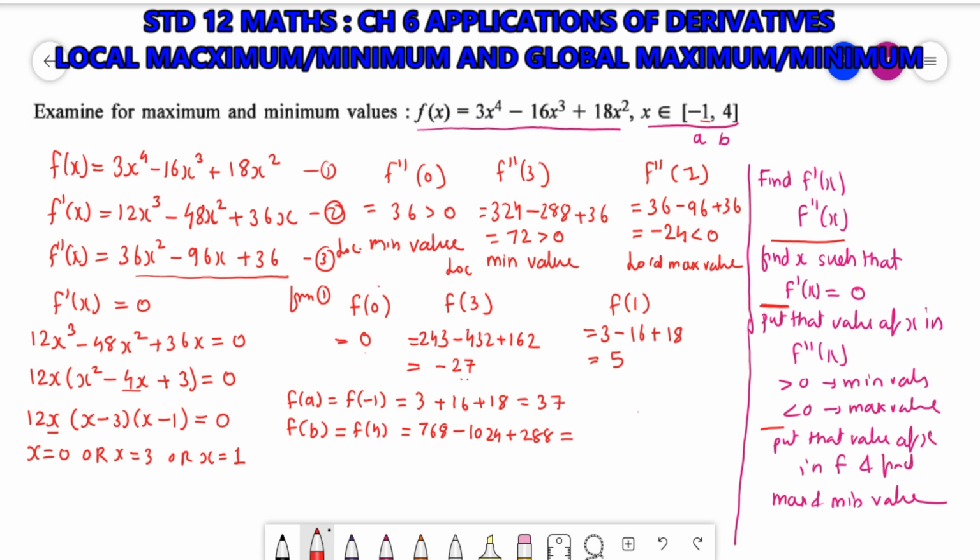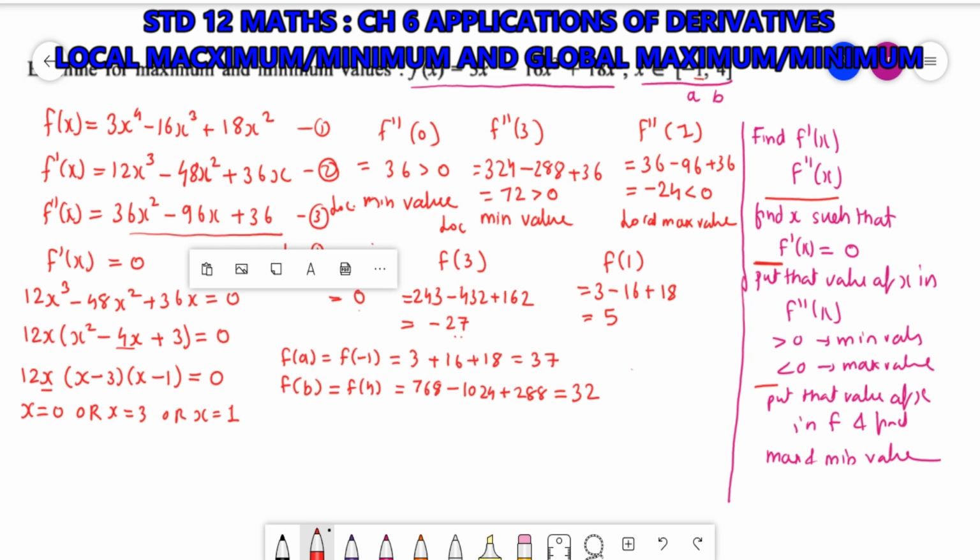So 768 minus 1024 plus 288 will be equal to 32. Clear?